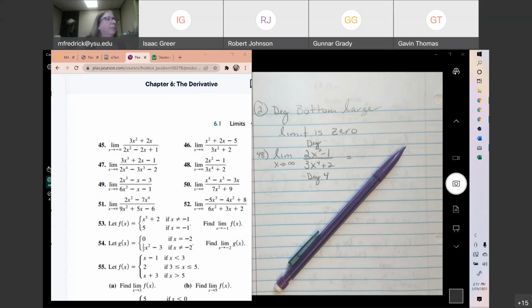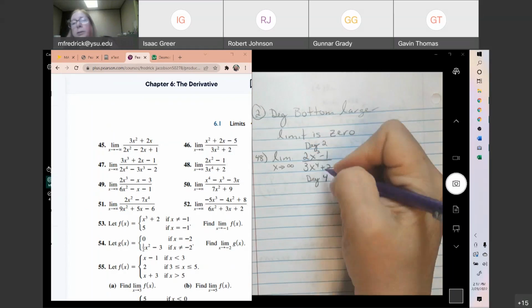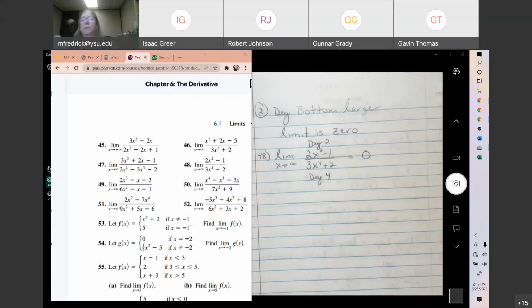One too many. I don't see the 4. So the degree on the top is 2. Notice the degree on the bottom is larger, so it's 0. That's a nice, easy one. No work.